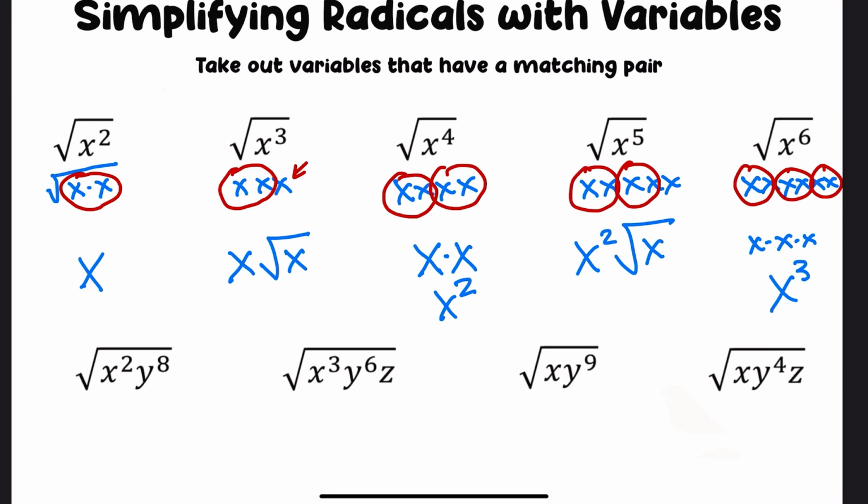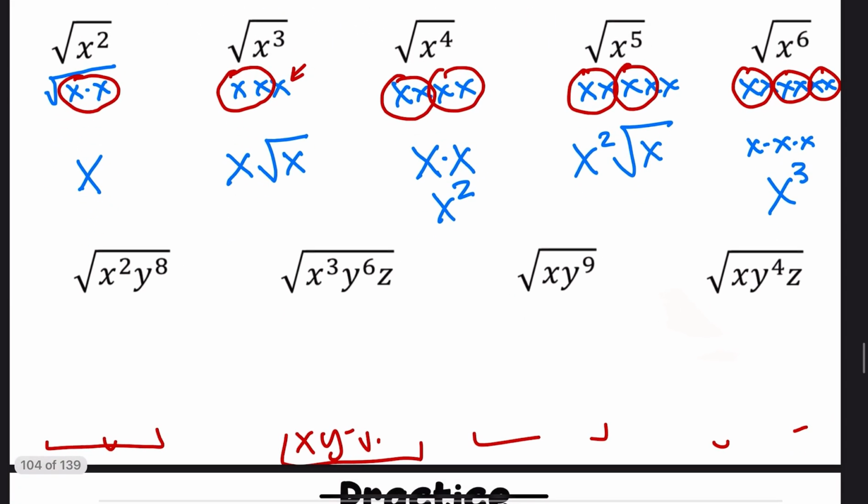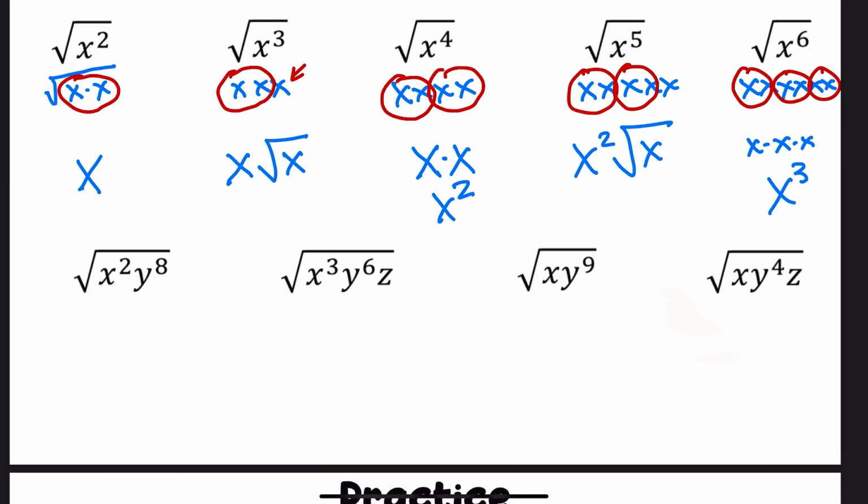Cool. Now, sometimes with these, we may have other variables involved. That's typically how it goes. So with these, you're just going to do the same thing, but you want to only count the pairs. 1, 2, 3, 4, 5, 6, 7, 8. There we go.